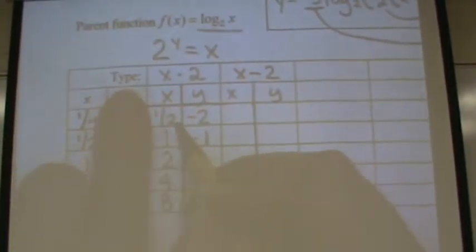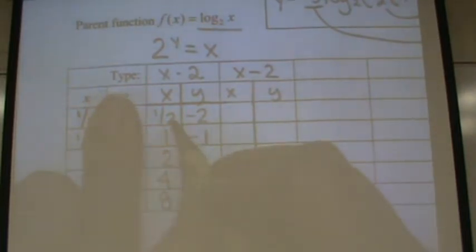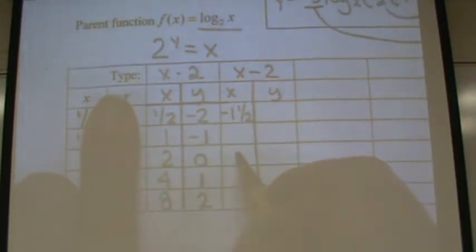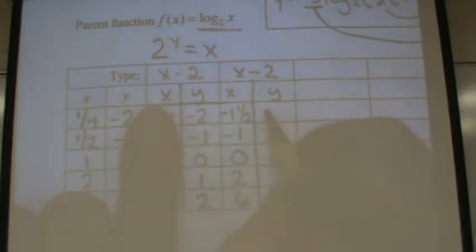What x values am I talking about? These ones right here. So what's 1/2 minus 2? -1.5. What's 1 minus 2? -1. What's 2 minus 2? 0. 2 and 6. What do I do with these y values? I keep them the same.